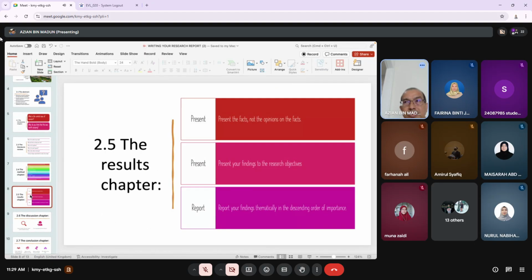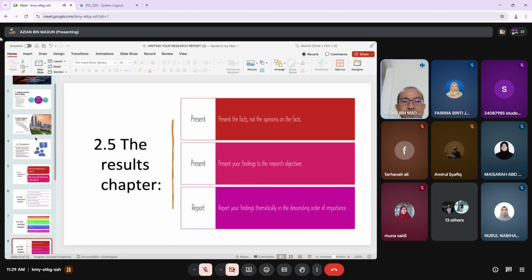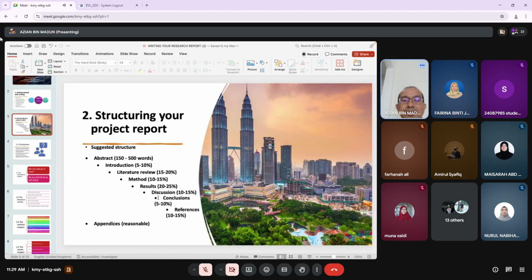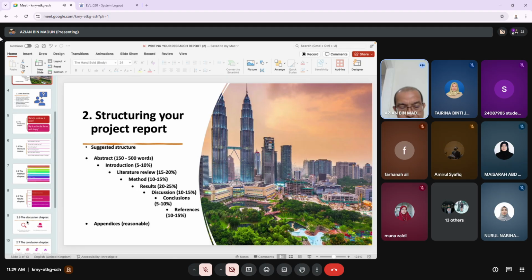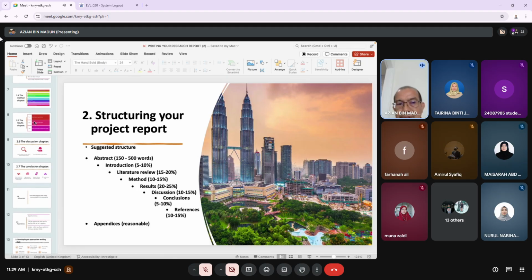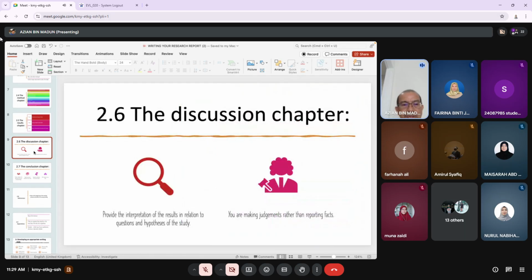Sometimes you will find results and discussion in one chapter, especially when the matters are qualitative, because there's not much to display in terms of statistics. That's how you find this kind of structure. A separate results chapter is usually for surveys, but if you are doing purely qualitative work, usually the results and discussion come together.